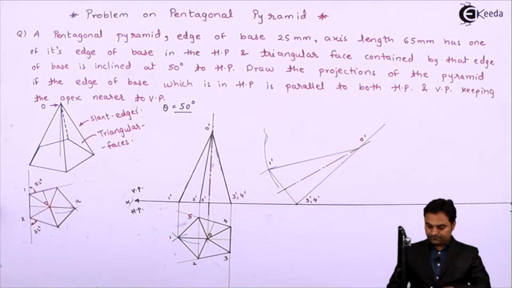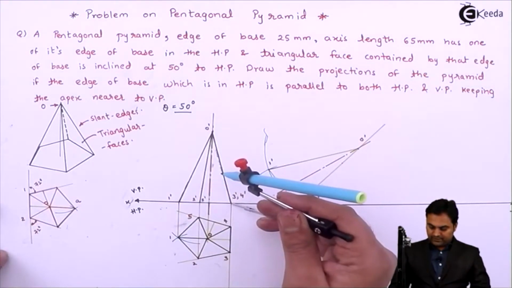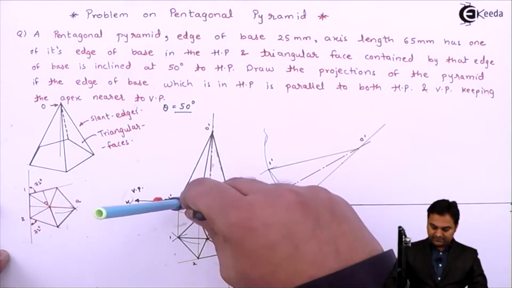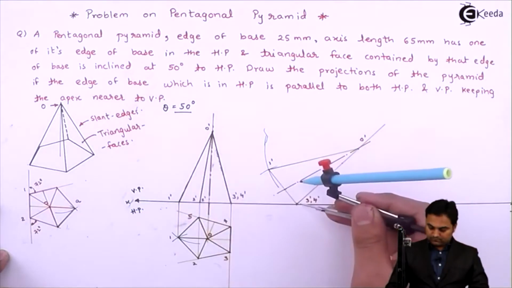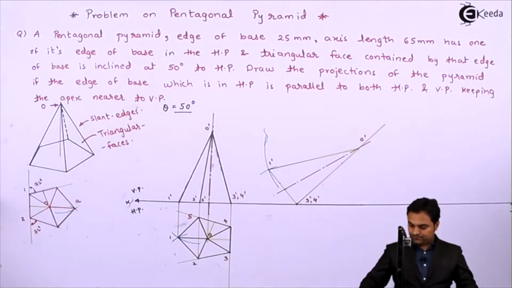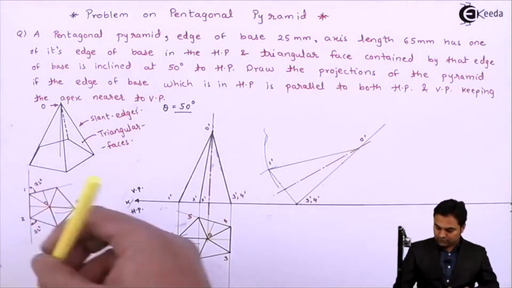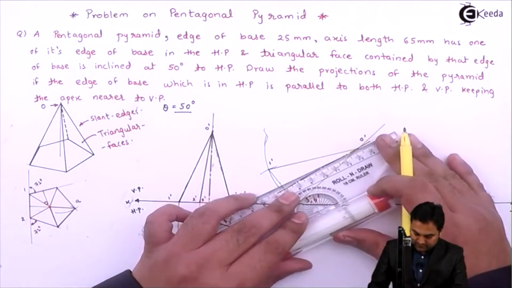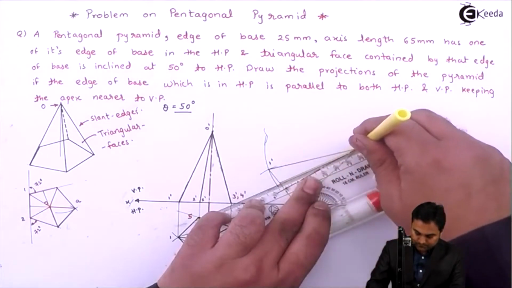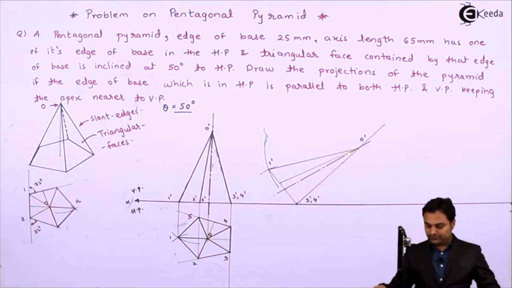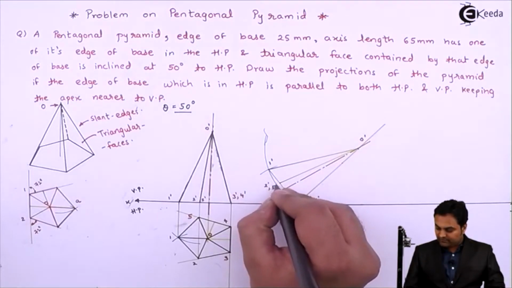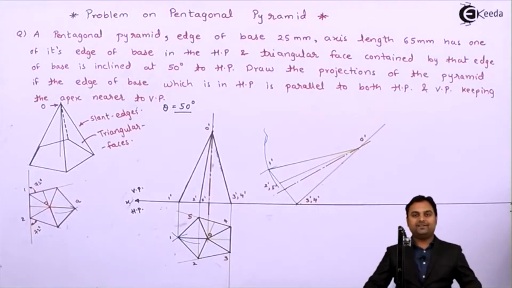Then from 3 dash 4 dash, I'll be taking the distance up to 2 dash 5 dash, marking it on this base, joining it will give me the slant edge, and this is point 2 dash comma 5 dash. Now I'll make it dark.